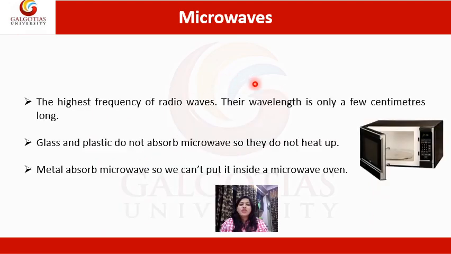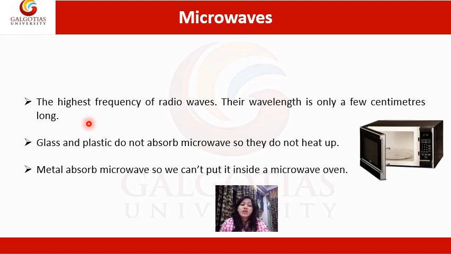Next is microwave, the highest frequency of the radio wave. Their wavelength is only a few centimeters long. While microwaves pass right through some materials, others absorb them. Water and some other molecules found in food absorb microwaves and turn the energy into heat.